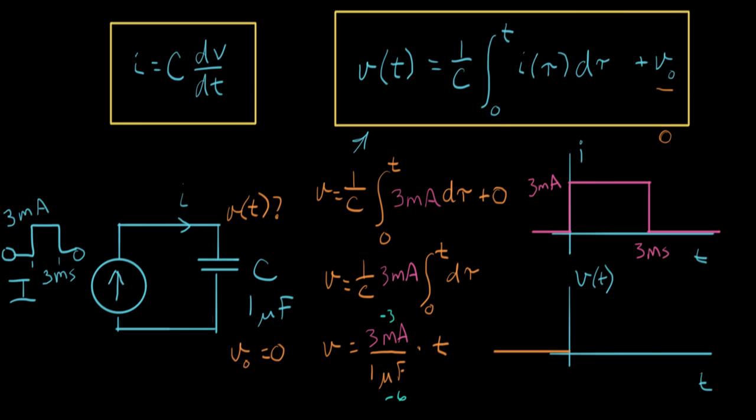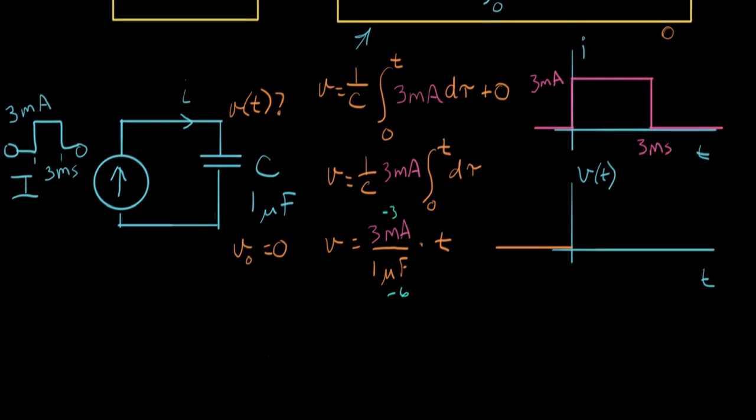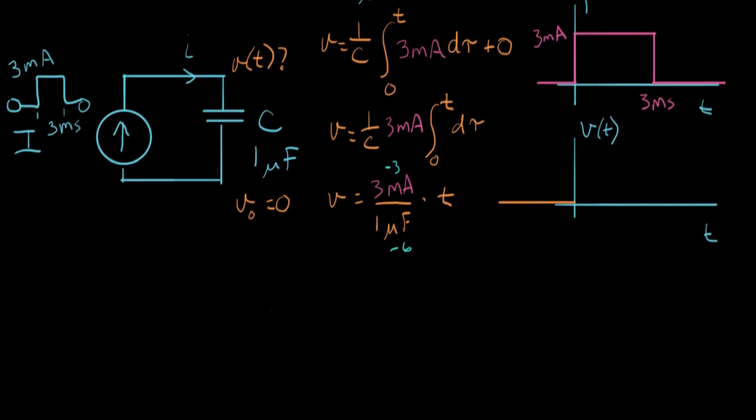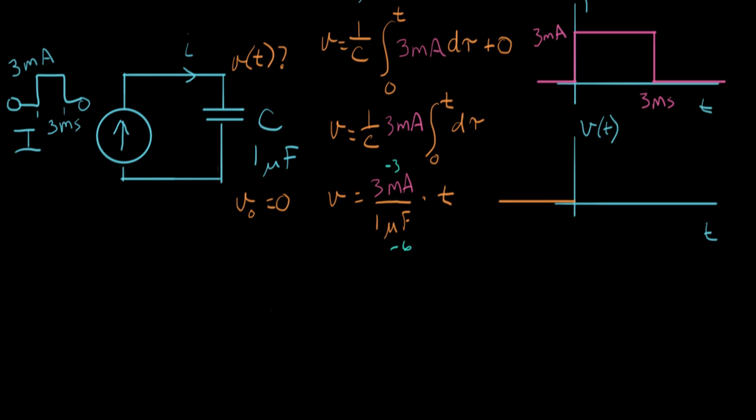So let me move this up. We'll keep our plots on there. And what we end up with is V equals 3 times 10 to the minus 3 over 10 to the minus 6, so that's 3 times 10 to the third, or 3,000, times time.